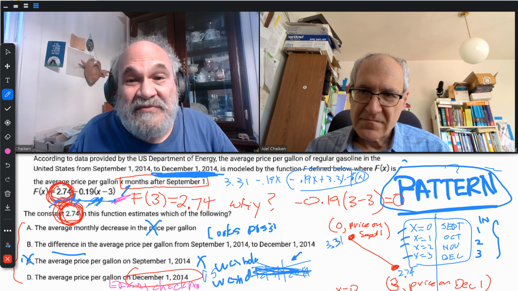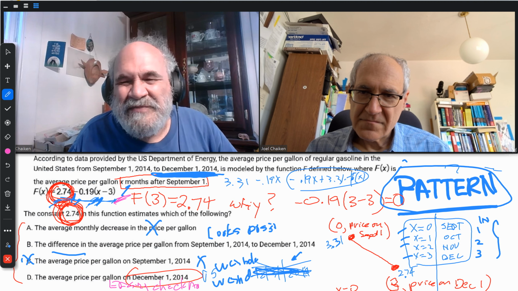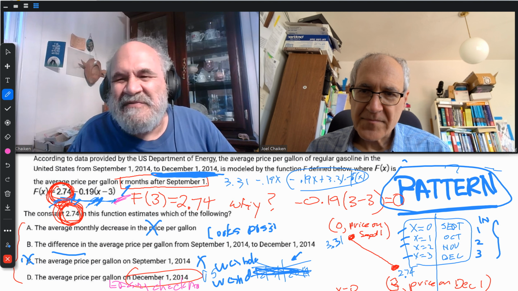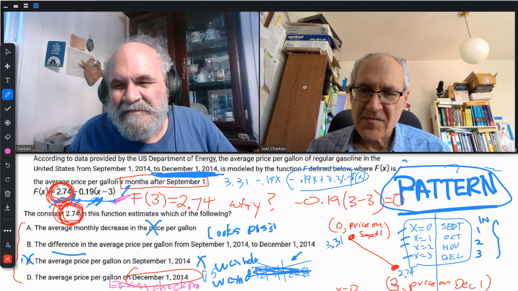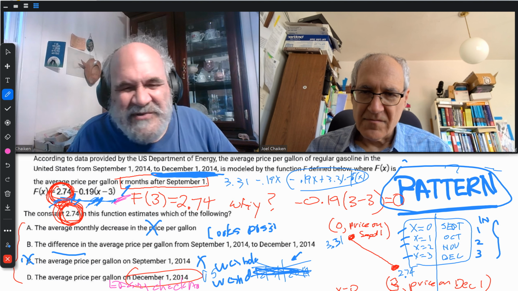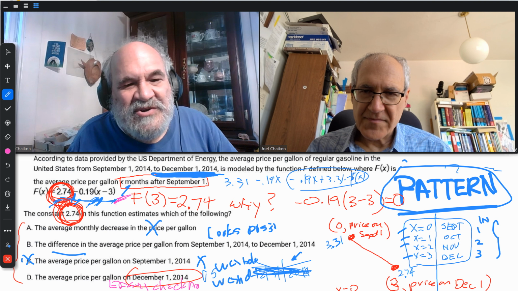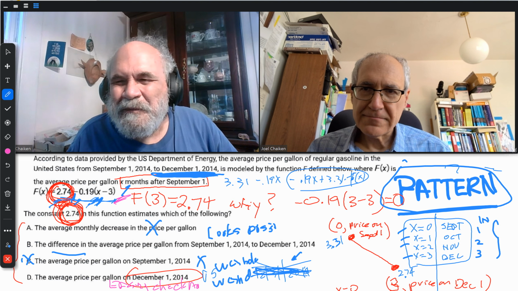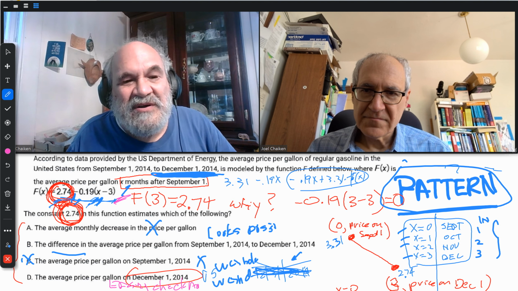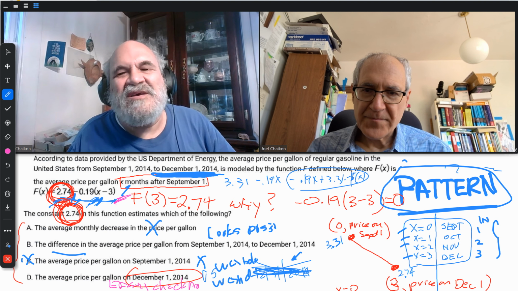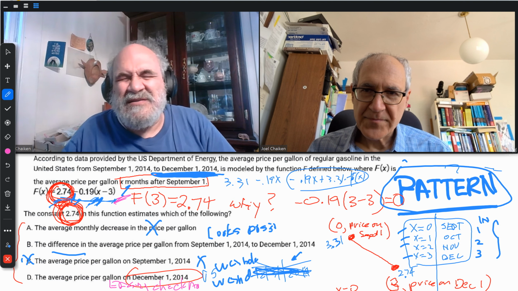It is the value of f of x when x equals 3. Right. Well, what is the meaning of f of x? f of x is the price x months after the starting point, which is September. Yeah. And x months, 3 months after September, is December. Right.